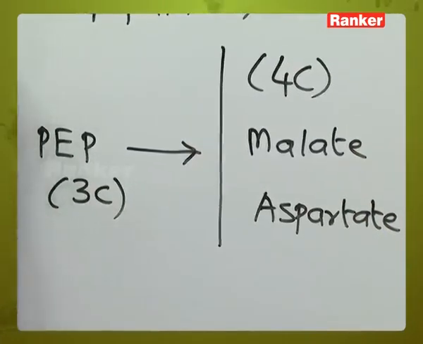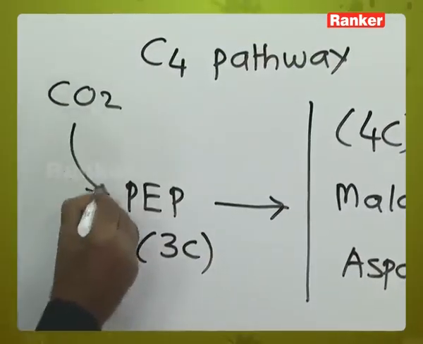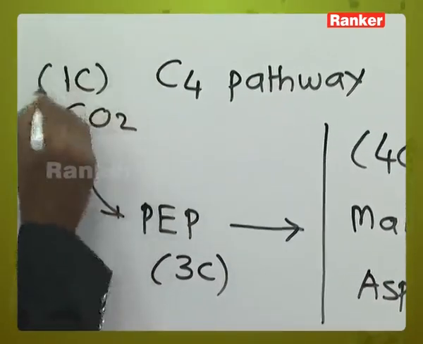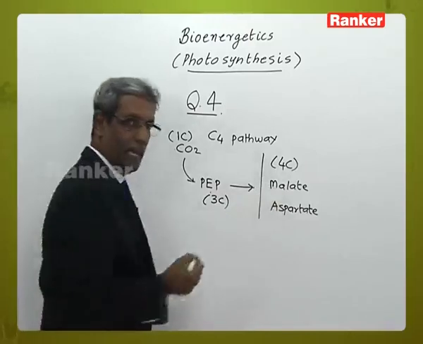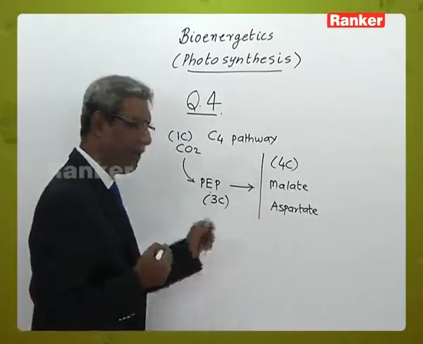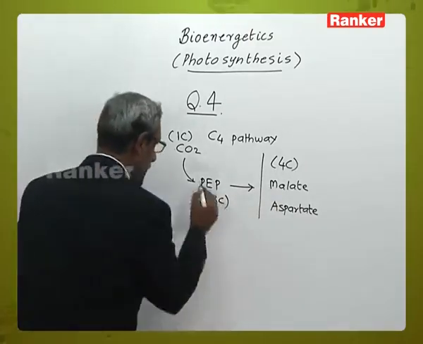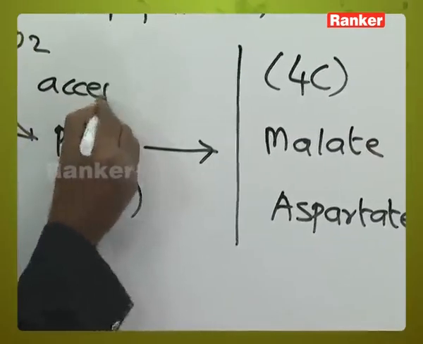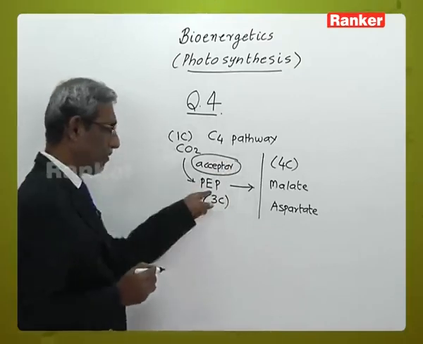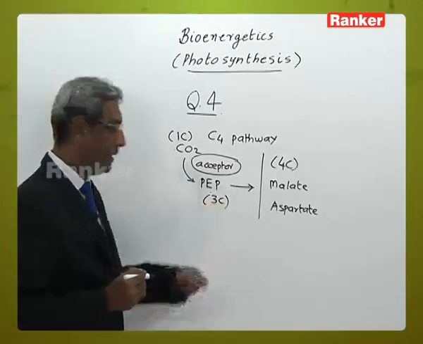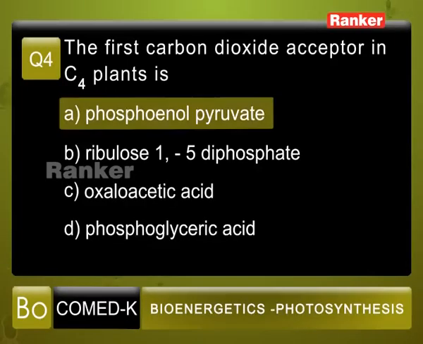The 3 carbon compound combines with carbon dioxide. There is 1 carbon from here and it combines with the 3 carbon compound, resulting in the formation of a 4 carbon compound. So, the initial acceptor of carbon dioxide is phosphoenol pyruvate. Hence, the answer is A.